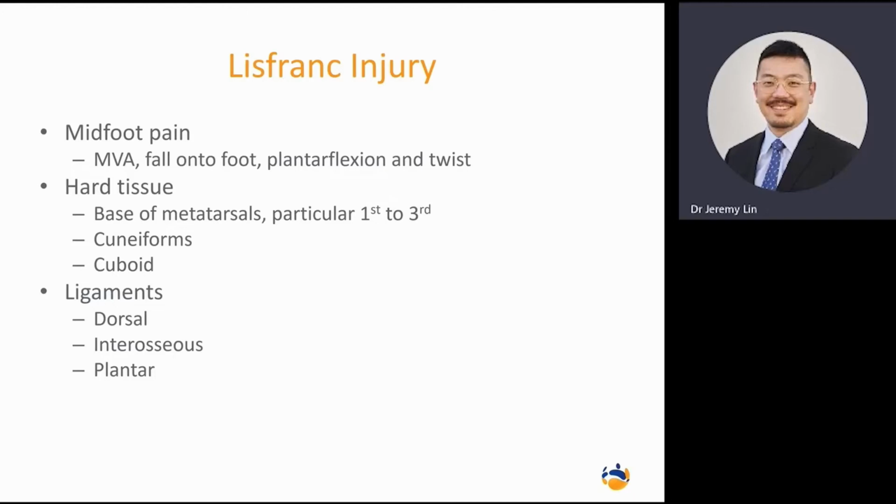There are three bands of ligaments involved in the Lisfranc joint: the dorsal band, the interosseous band, and the two plantar bands. The interosseous is often considered the Lisfranc ligament proper, whereas the dorsal band is the one most susceptible to injury. And luckily for us, it is also the one that is accessible on ultrasound.